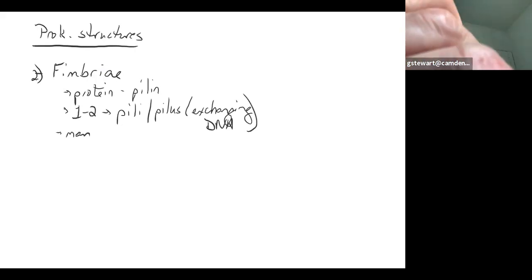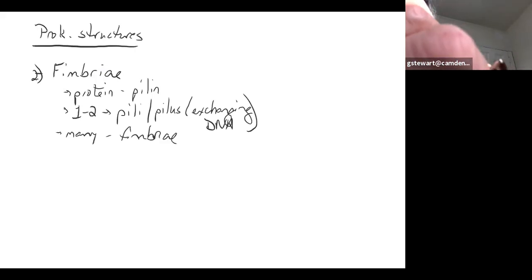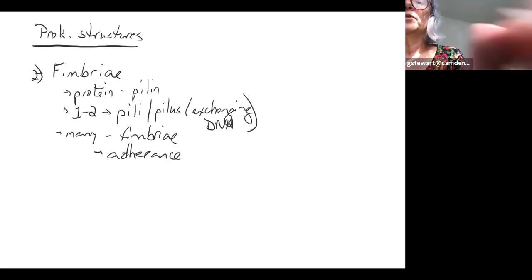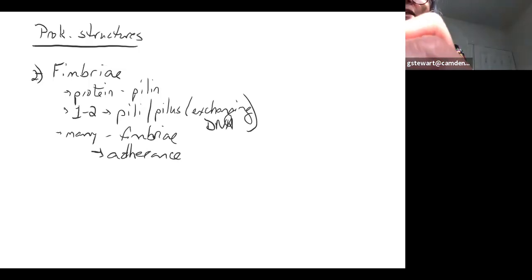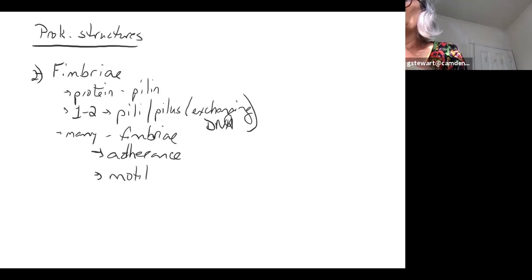Many, we refer to them as fimbriae, and they have 2 functions. One is attachment. We call that adherence because they're sticky. Proteins are sticky. It helps bacteria stick to places that are inhospitable to them. And the other function, they can actually also be used for motility. That's a recently discovered function.